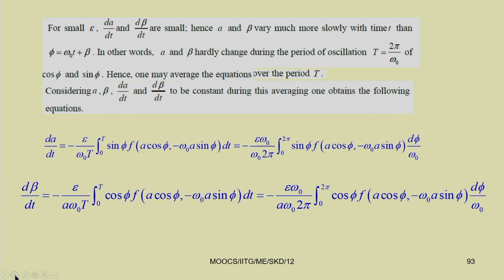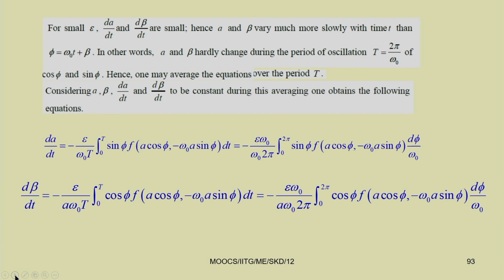So in a cycle these terms vary very slowly, hence one can average the equation over one time period T, considering a, beta, dA by dt and d beta by dt to be constant during this averaging. So one obtains the following equation.